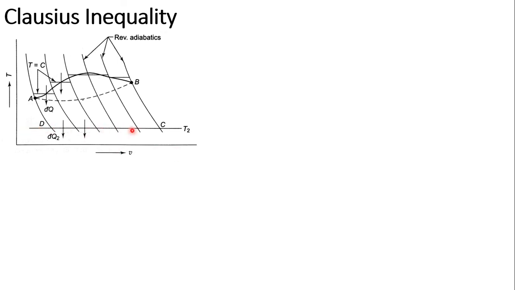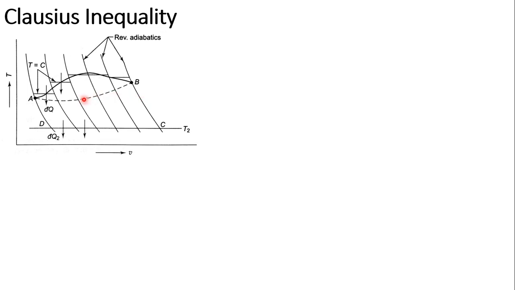These are reversible adiabatic curves. This T2 is a line which has constant temperature, so all the points on this line have constant temperature T2. Now we consider a reversible process, with a state A and state B over here.